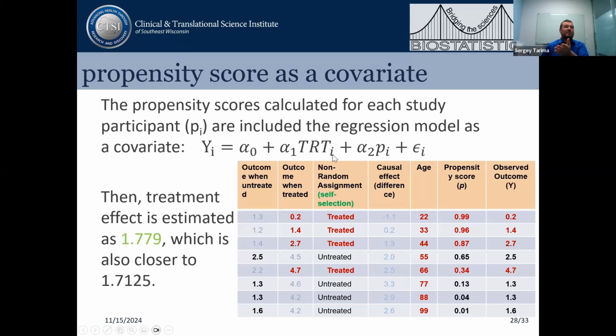Surprisingly, I just applied this multiple linear regression to our data, and we get the treatment effect estimated as 1.78, which is really close to 171.